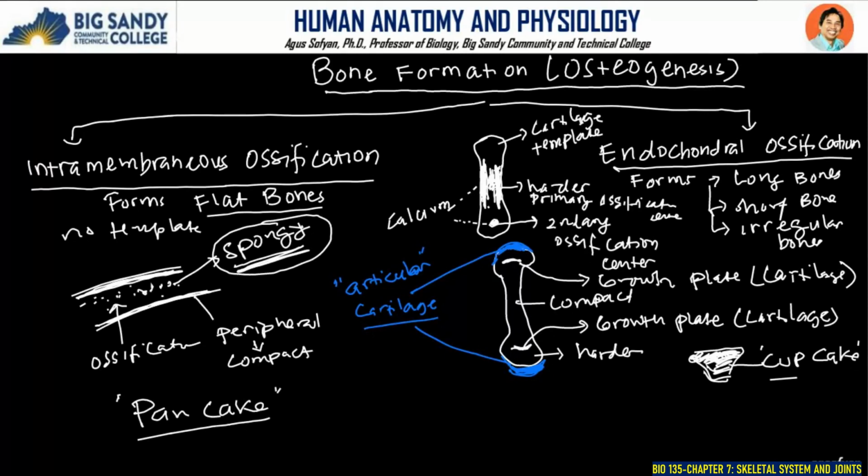But the cupcake, it will be like the cup that you put or the template that you use for making that cake. So this is just an example of similarity between the formations of endochondral ossification and intramembranous ossification with making cake. So at least you know what happened during our embryonic development. So the long bones will have a lot of templates in it, but the intramembranous ossification will not have template for making the bone.